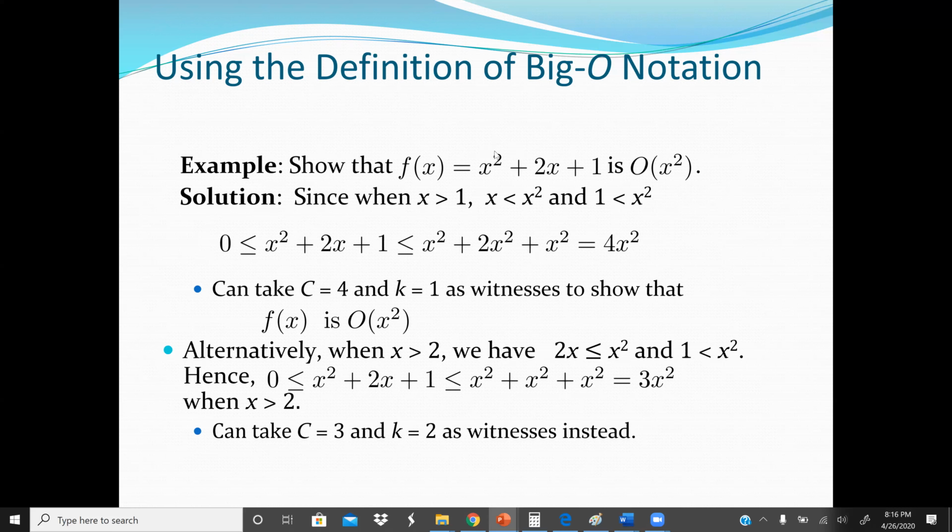So here we get x squared plus 2x squared plus x squared, and that will give us 4x squared. So here we can take C equal to 4 and k is 1. In this case, we can see the k and C is there, again, the coefficient. Because the witnesses showed that f(x) is big O of x squared.